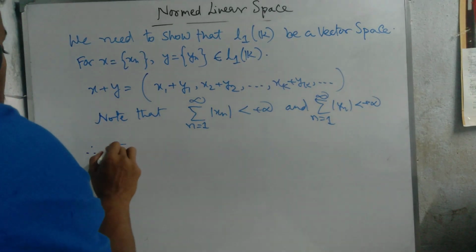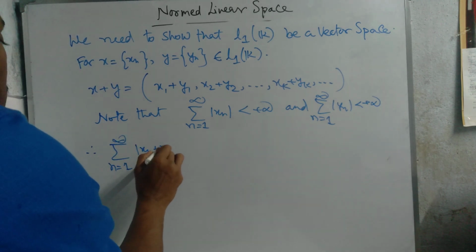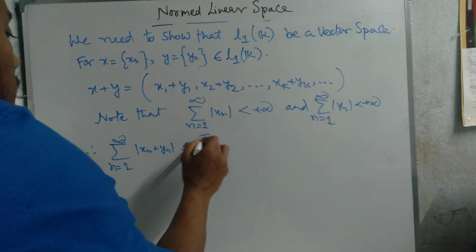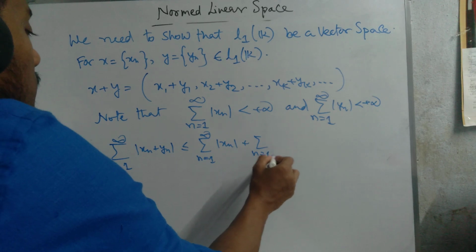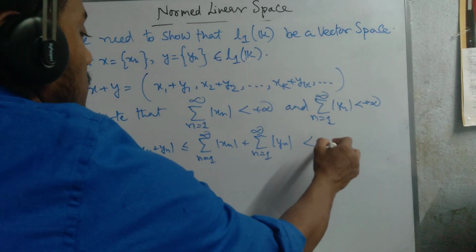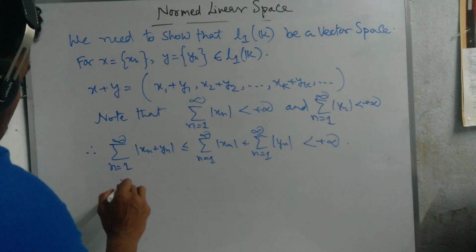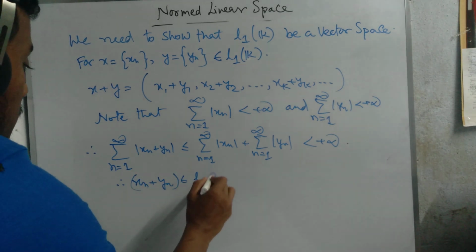So summation mod of xn plus yn is less than or equal to summation mod of xn plus summation mod of yn, which is obviously less than plus infinity. So xn plus yn belongs to L1k.